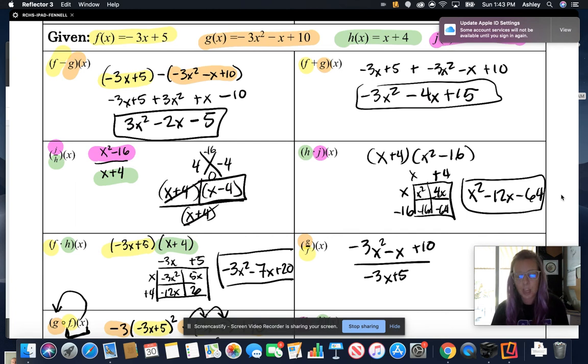Oops, that's squared. Okay, so we are going to see what multiplies to negative 30 and adds to negative 1. Sounds like a 6 and 5 combo to me where the 6 is negative. So again, don't forget to divide by that 3, which was our a value. So we're going to end up with x minus 2 and 3x plus 5.